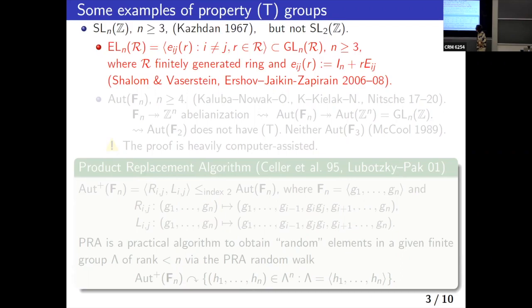This is a subgroup of GLn(R). When R is commutative, SL makes sense, and it makes sense to ask if EL is the same as SL or not. But if R is not commutative, there's no determinant. So I take this ELn(R), and this has property T in full generality for any finitely generated ring.